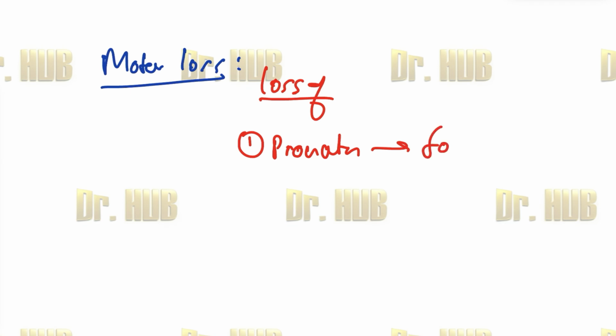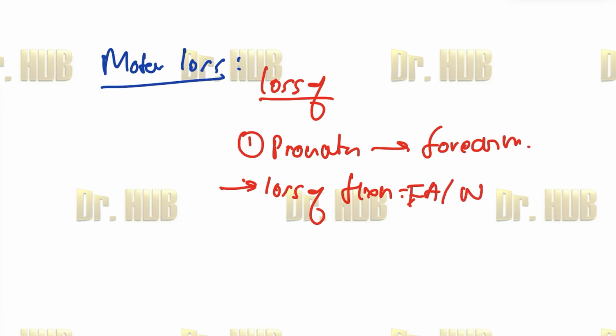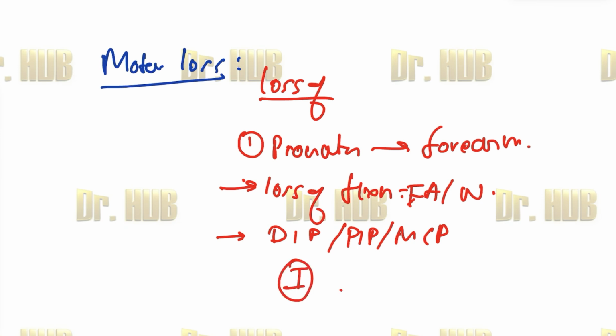And also there is loss of flexion of the wrist. Next, also the flexion of the DIP, the PIP, as well as the MCP joints of the index and the middle fingers.